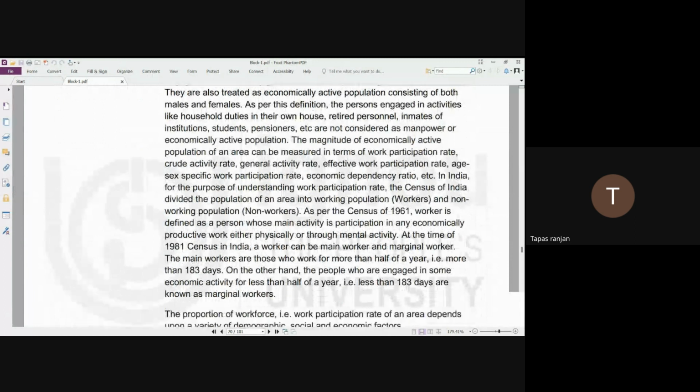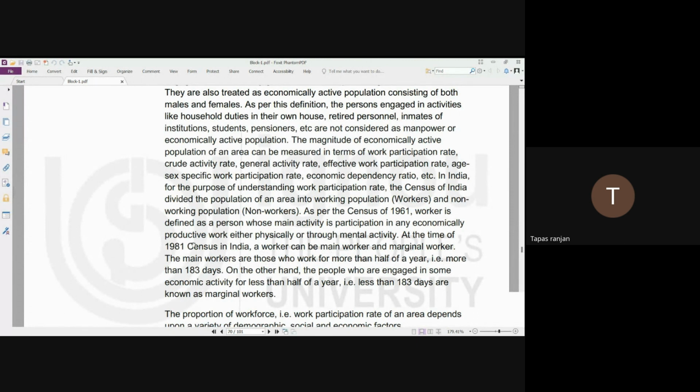Okay, so there are different concepts which are related to workers. Now, who is a main worker, who is a marginal worker? The main workers are those who work for more than half of a year, so that is more than 183 days.